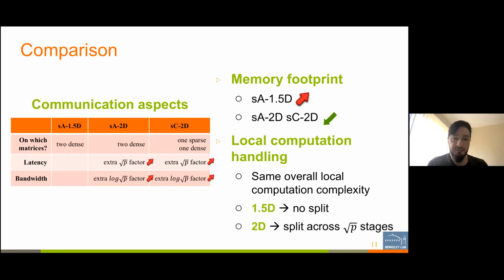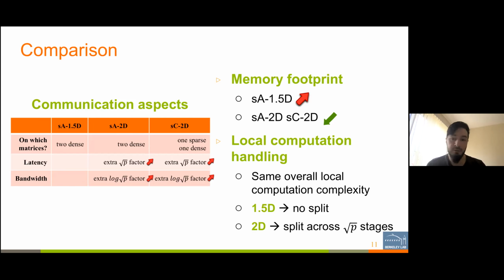If we compare the bulk-synchronous approaches in terms of their communication aspects, they differ in two directions. First, they differ in which matrices they communicate. The A stationary algorithms communicate the dense matrices, whereas the C stationary algorithms communicate one sparse and one dense matrix. In terms of communication costs, the 2D algorithms have an extra factor in both the latency and the bandwidth components of the communication cost.